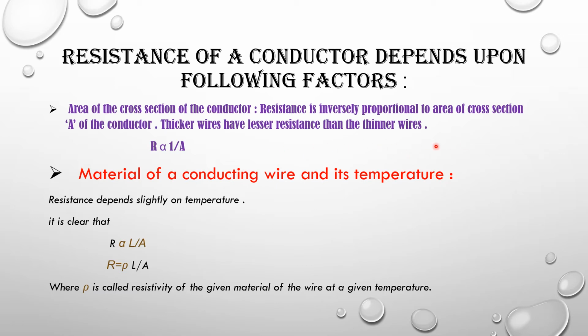But in thinner wires, there are not that many free electrons. In thinner wires, there are repulsive and attractive forces between the atoms of the conductor. In the atoms, there are electrons and there is a nucleus. The nuclei of all the atoms present in the wire would attract each other, but electrons of different atoms of the conductor would repel each other.